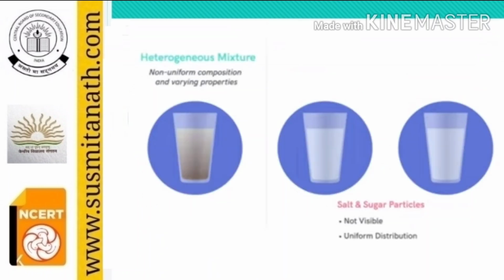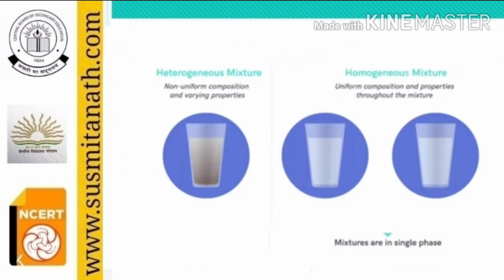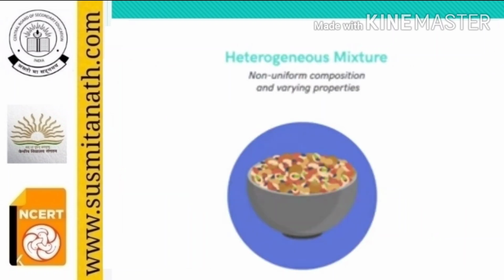So the first one is a heterogeneous mixture which has a non-uniform composition and varying properties. So in the case of the second and third solutions, the properties and composition of the mixture are uniform throughout, and they are in a single phase. Such a mixture is called a homogeneous mixture.